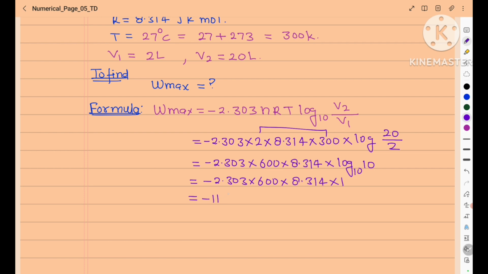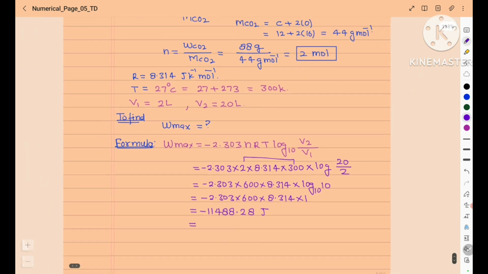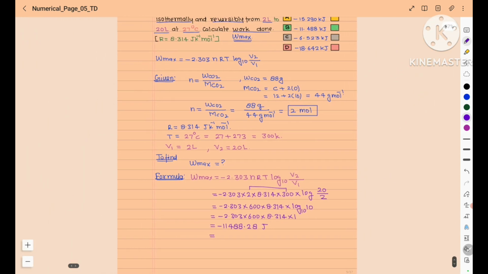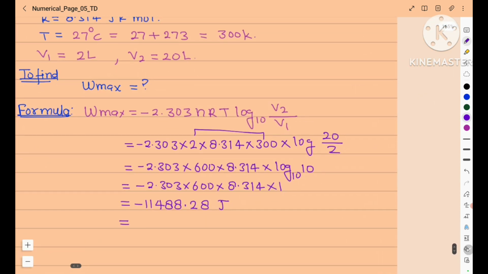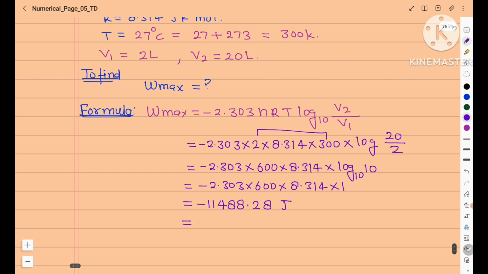Now we have to multiply all these terms, so the total comes minus 11488.28 joule. Now our answer is given in kilojoule, so we have to change it into kilojoule, so it will be minus 11.488 kilojoule.